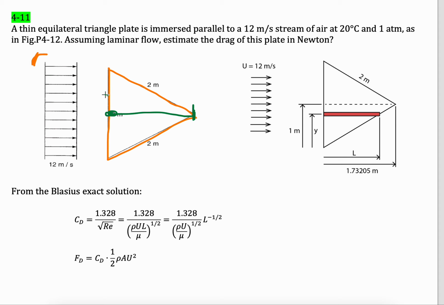But at the point here, the fluid only flows a short distance. Because the distance is not the same, we need to calculate this using the idea of integral.